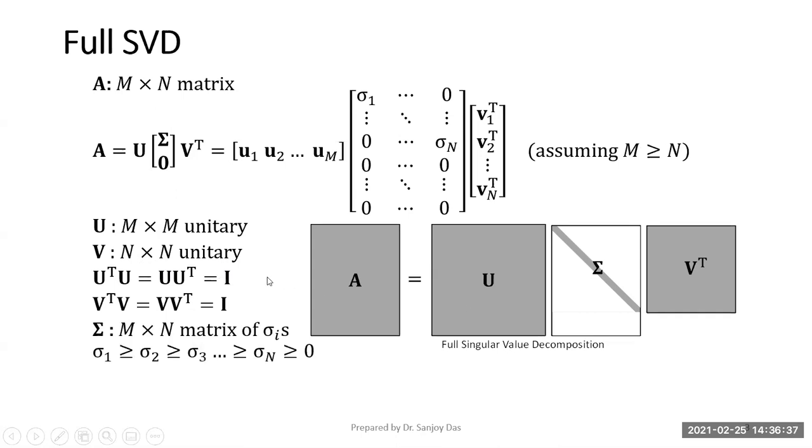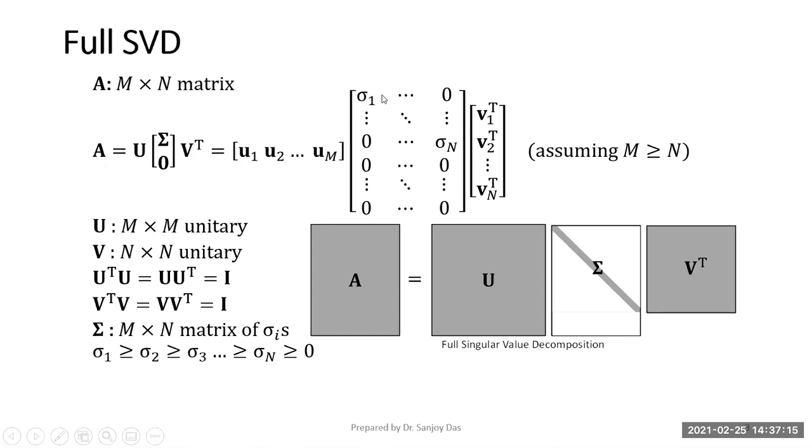Anyways, this matrix sigma is an M by N matrix, so it's of the same size as A, and these diagonal elements of sigma, lowercase sigma 1, sigma 2, sigma 3, are called the singular values of the matrix A. And they're always positive, non-negative at least, and they are arranged in this manner.